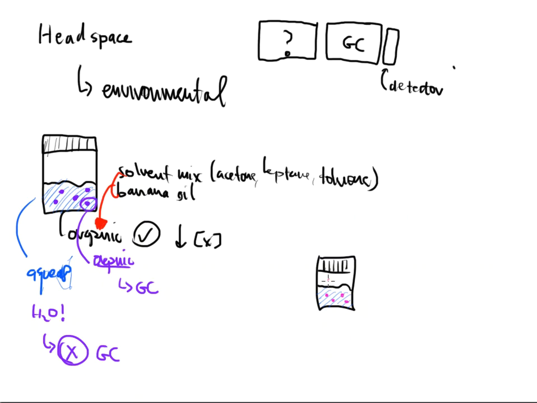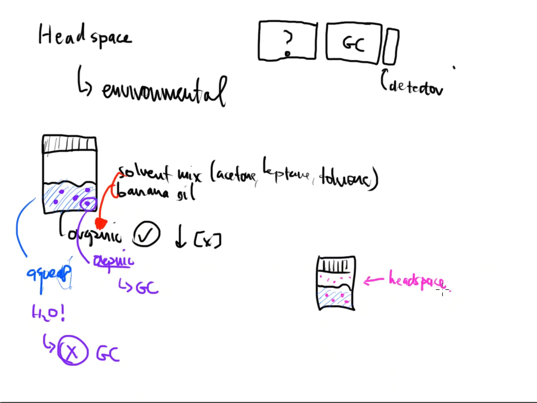The top part of that container would be right up here, in basically the air. No water, no solvent up there. It's just air. All right, this is the term that we use for headspace.